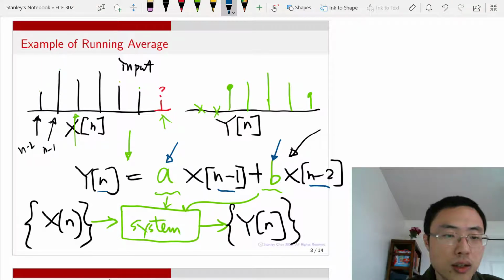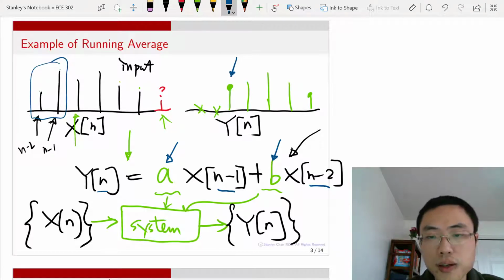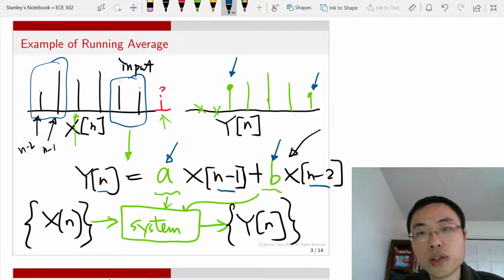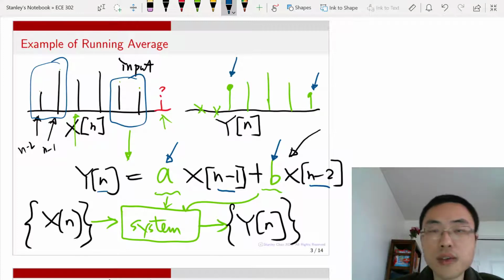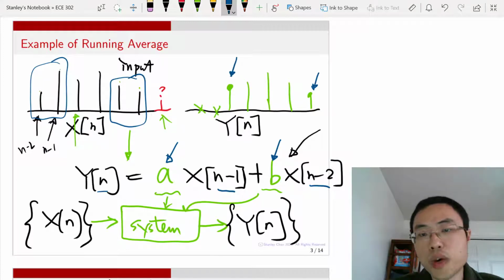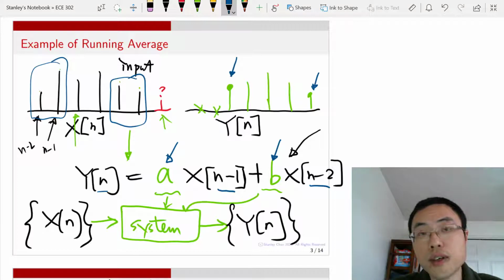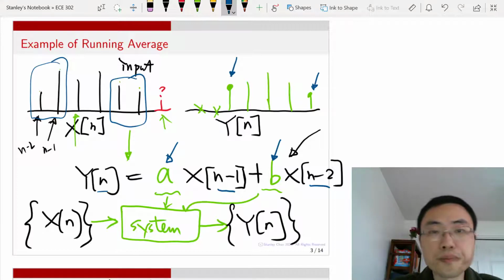Just like here, you're looking at the third timestamp, then you're looking at these two. Now, if you're looking at this timestamp, of course, then you're looking at these two. So this shift invariant, time invariant property will allow you to do this moving window kind of operation, which is significant in most time series.